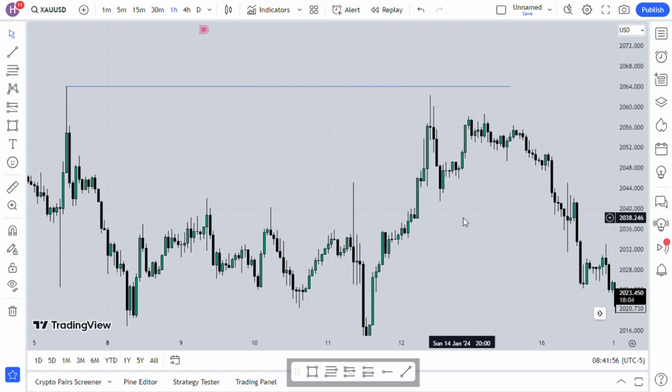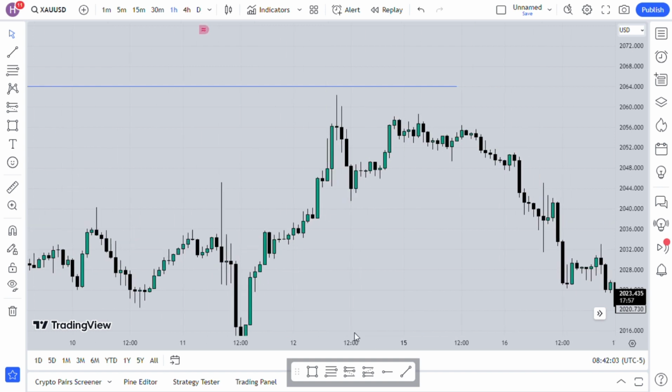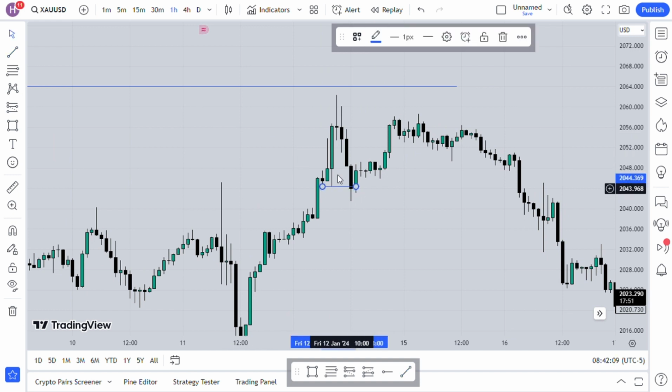How will you know that this is a change of direction of the market? First, you will notice that this order block was taken out. This is another strategy. You can use order blocks or this fair value gap present in the market. You'll notice first this order block was taken out.